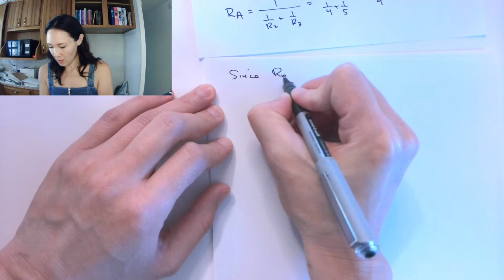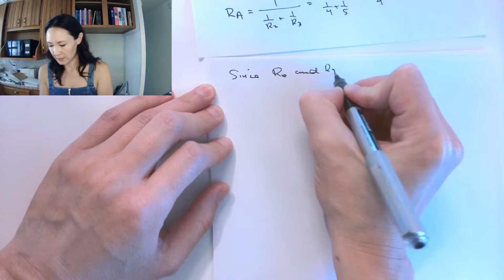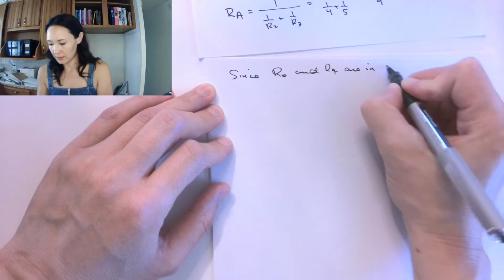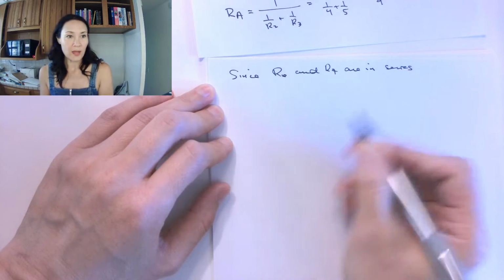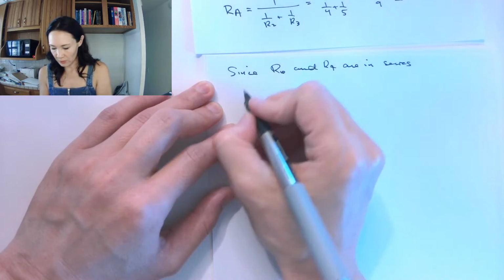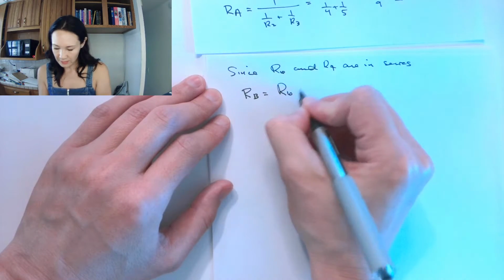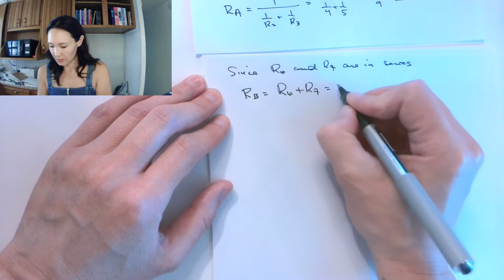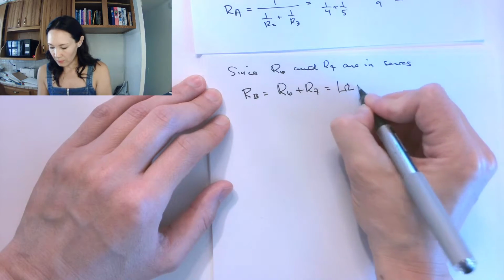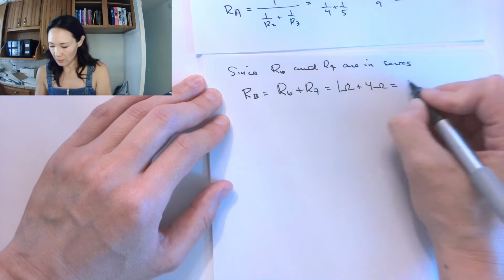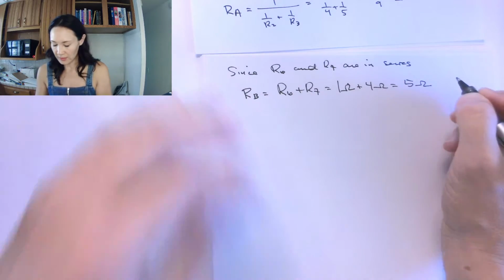Since R6 and R7 are in series, I can find the equivalent resistance between those two. I'll just call it RB. That's going to be R6 plus R7. So that's 1 ohm plus 4 ohms. So RB is going to be a 5 ohm resistor.